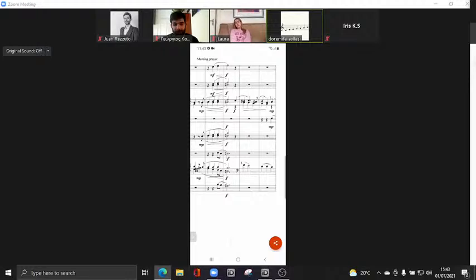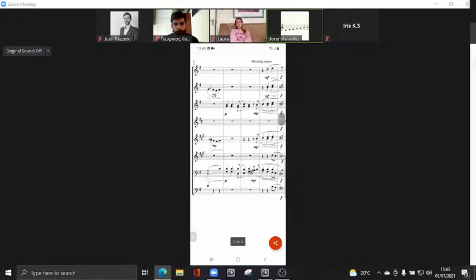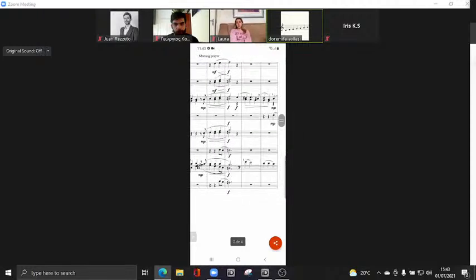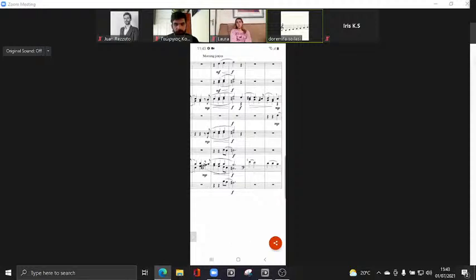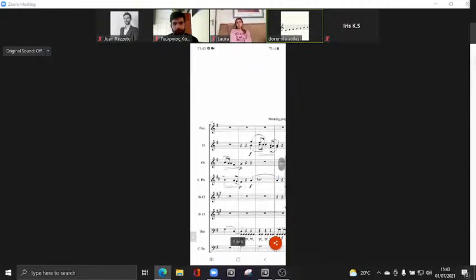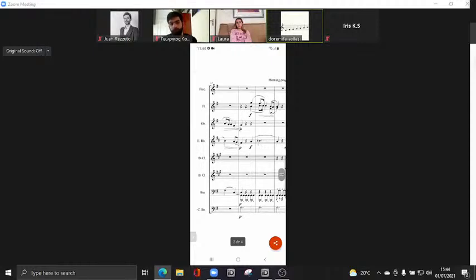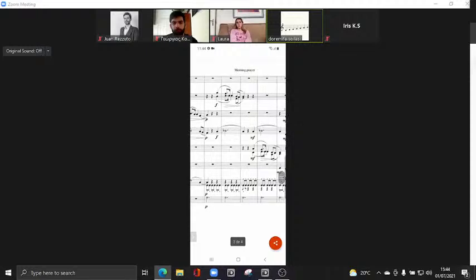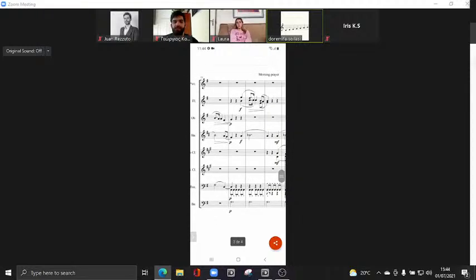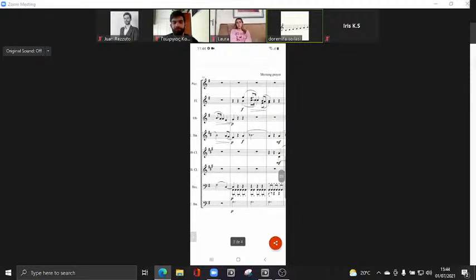Well, that's it. I just wanted to show you some general features of how to orchestrate and what you can do with different timbres. Let me see if we can mention something else. I wrote this passage with the flutes.